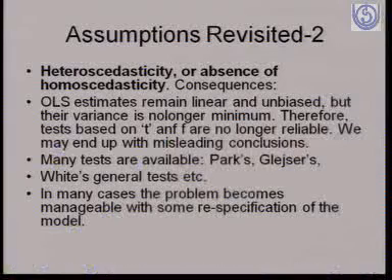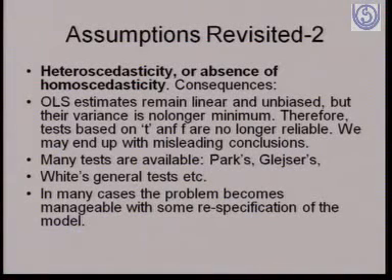Heteroscedasticity, or absence of homoscedasticity, is another assumption. That is, we had assumed that all the Uis had the same variance, that is sigma square. Suppose different Ui values had different variances.